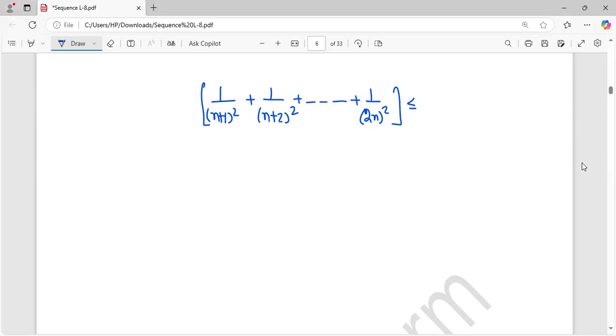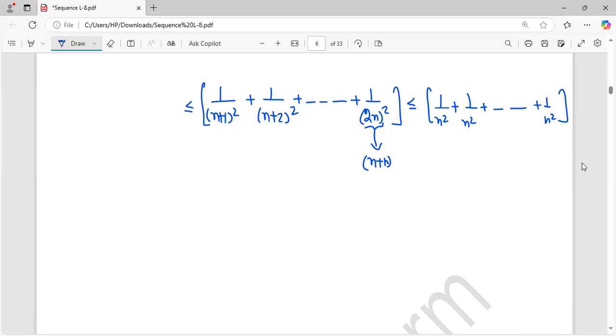If we skip the first term, the terms run from n plus 1 up to n plus n. If we keep the last term, 1 upon (2n) square, and replace the other denominators, then this part will increase.